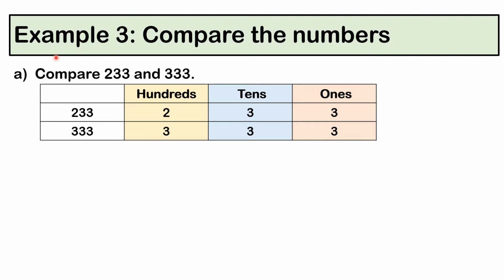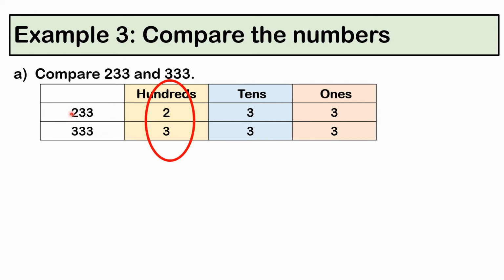So let's have a look at example 3, where we want to compare for A, 233 and 333, and we place it in place value chart tables. Why do we place in place value chart table? This is to make it easier for us to compare the two numbers given in hundreds, tens, and ones. So let's have a look at this one.